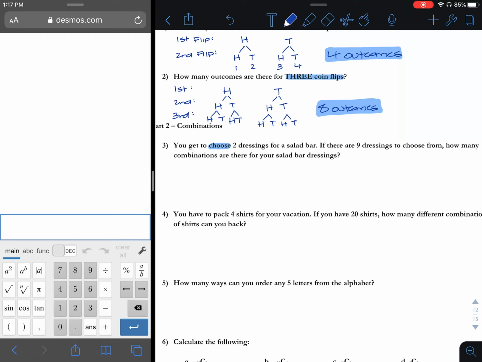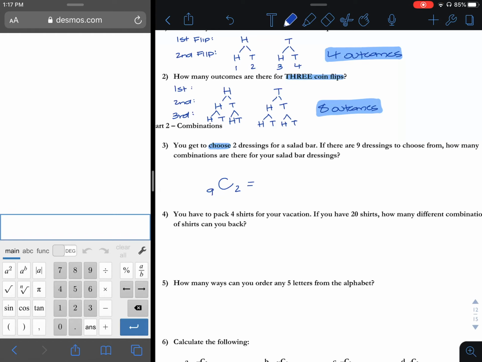With combinations, I will have that C. The bigger number goes on the left side of that, so in this case, 9 is my bigger number. The smaller number goes on the right side of that, and it is not next to it. It is like a subscript, so it's right below it. And that's what we want. So we are going to look at this in our calculator.